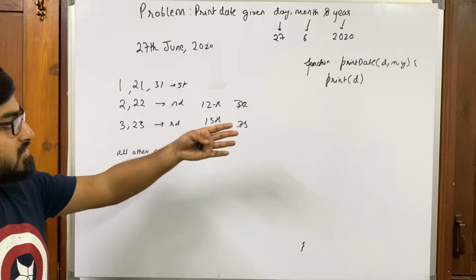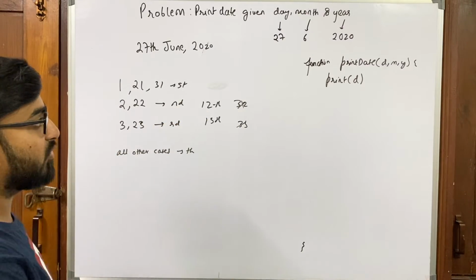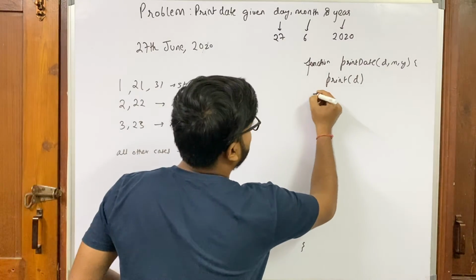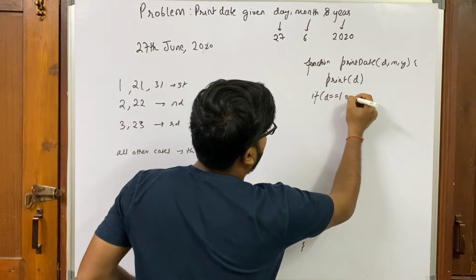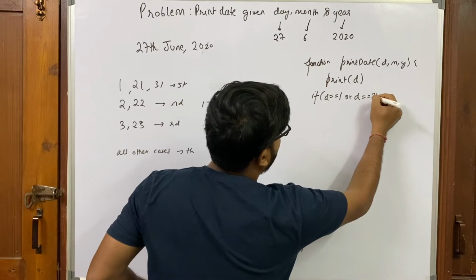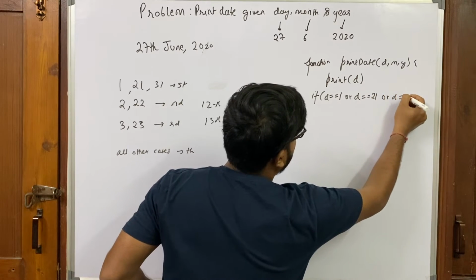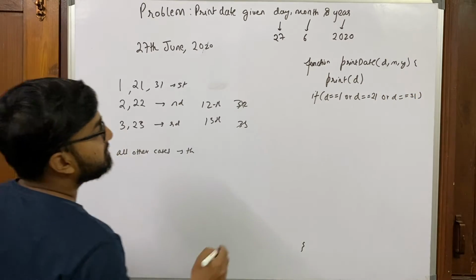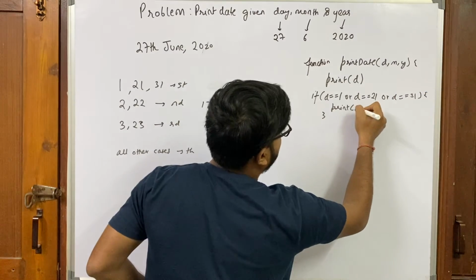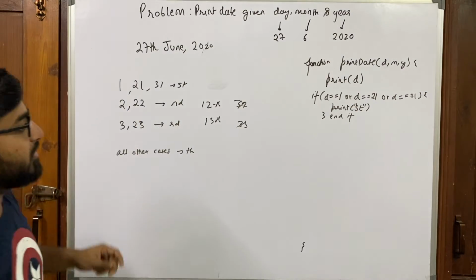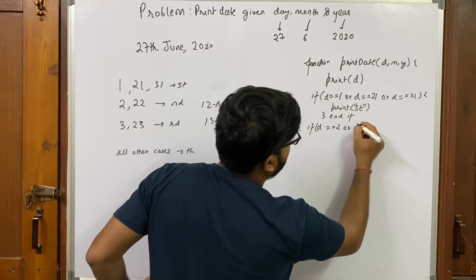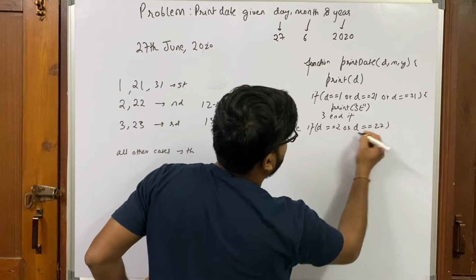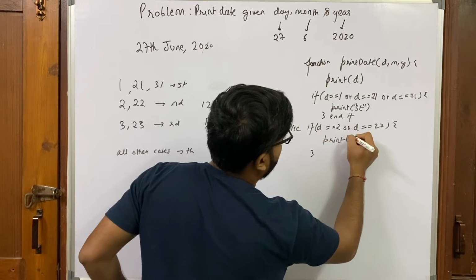So I will use if else. You can use a switch case, depending on what you want. I'll say if D is equal to 1 or D is equal to 21 or D is equal to 31, in the first case we print ST. The second case is 2 and 22: else if D is equal to 2 or D is equal to 22, you print ND.